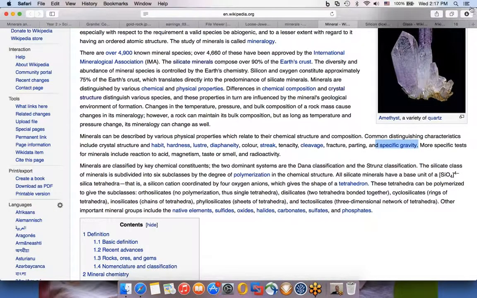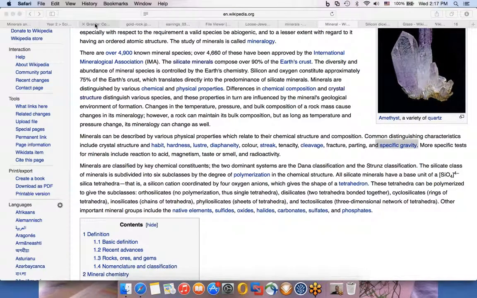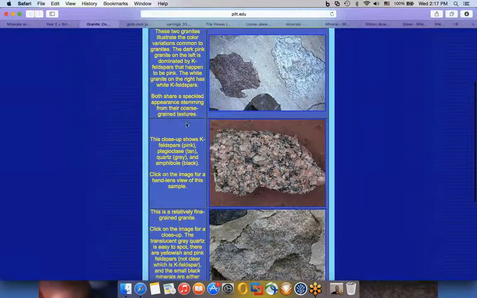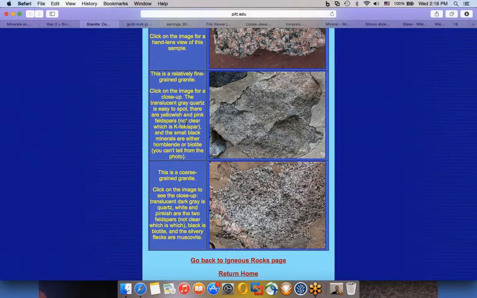So let's talk a little bit about, let me see here what we have. Okay, here we have the picture of granite. And remember that when we were talking about granite, we said that this igneous rock is a plutonic igneous rock and cools down slowly.